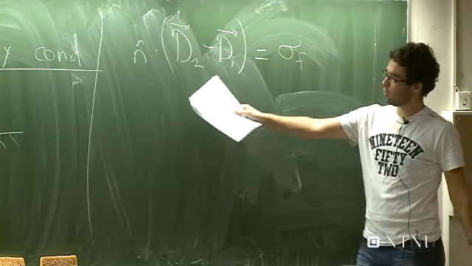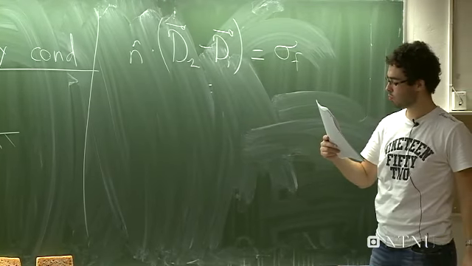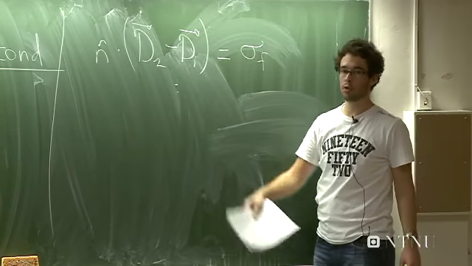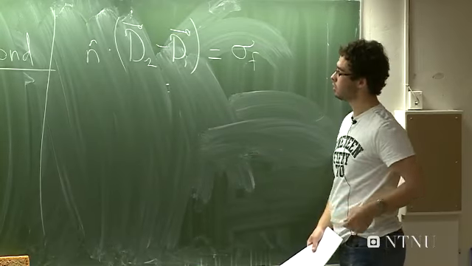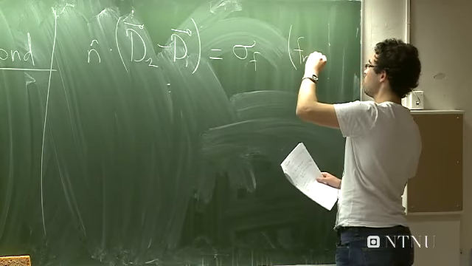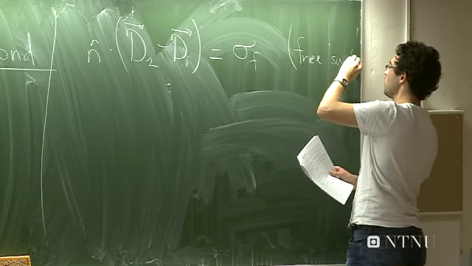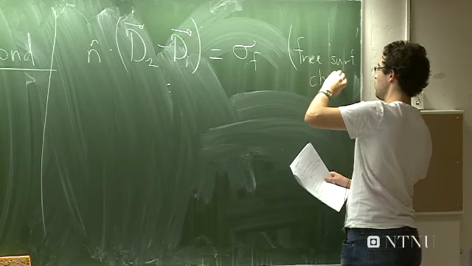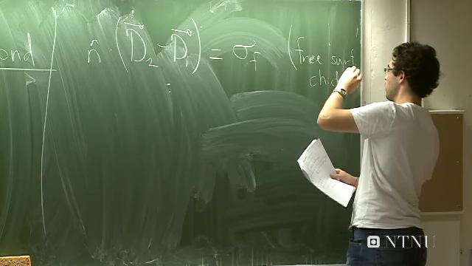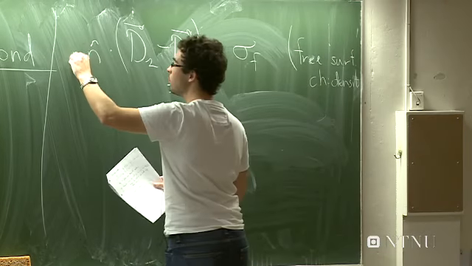So the difference in the orthogonal components of the D field is equal to sigma f, which is the free charge density. And the other one?